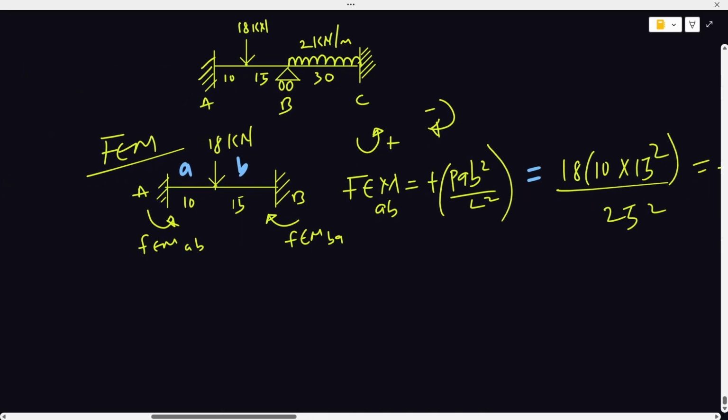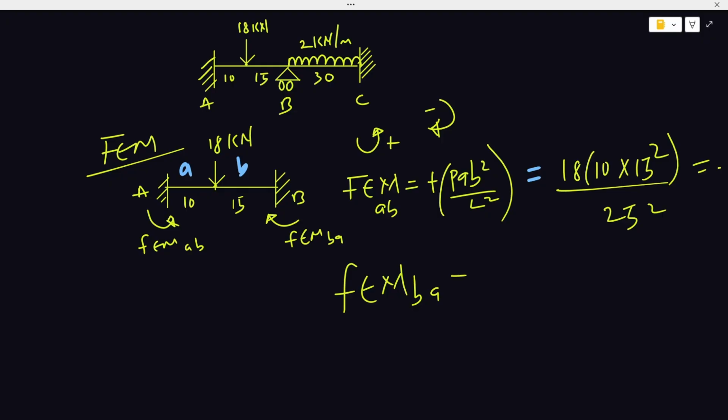Now, FEM BA will be negative because of the clockwise nature: negative P A squared B over L squared.